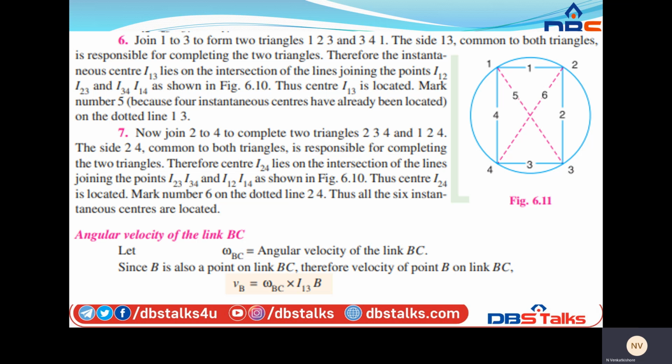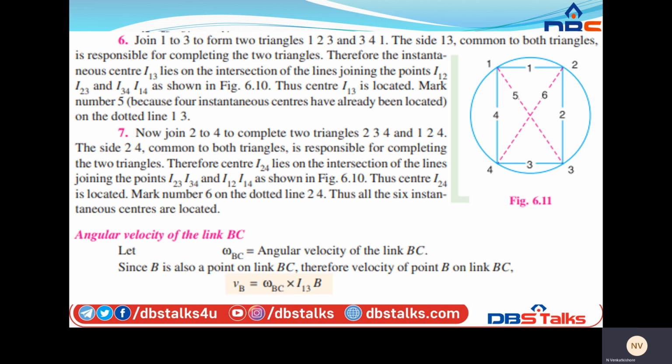Therefore, the instantaneous center I24 lies on the intersection of the lines joining the points I23 and I34, and I12 and I14. Thus the center I24 is located, and mark number 6 on the dotted line 24. Thus all the 6 points were completed, that means all the instantaneous centers were located.